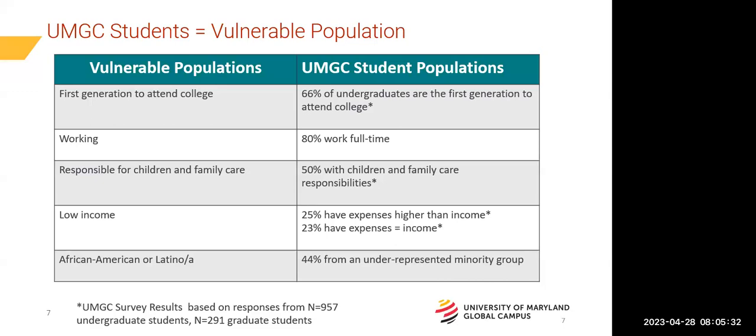So at UMGC, 66% of our undergraduates are first generation to attend college, 80% work full-time, 50% have responsibilities for children or family care, 48% are sometimes challenged with their income and expenses, and 44% are from underrepresented minority groups.